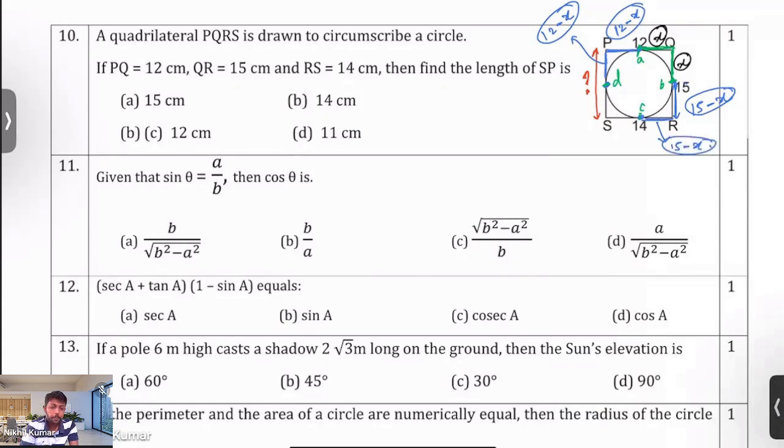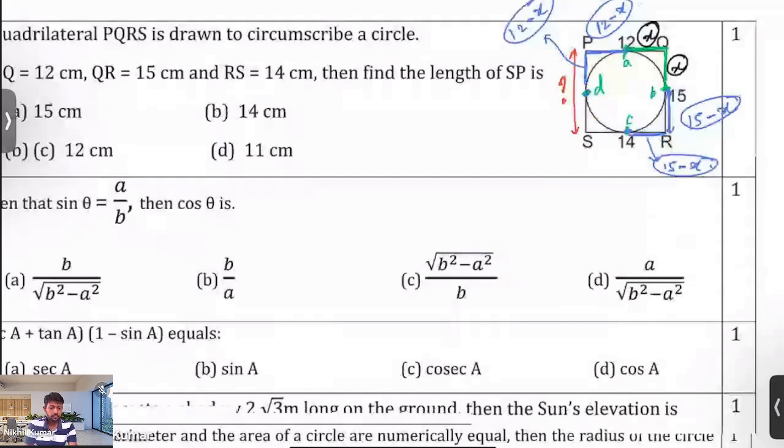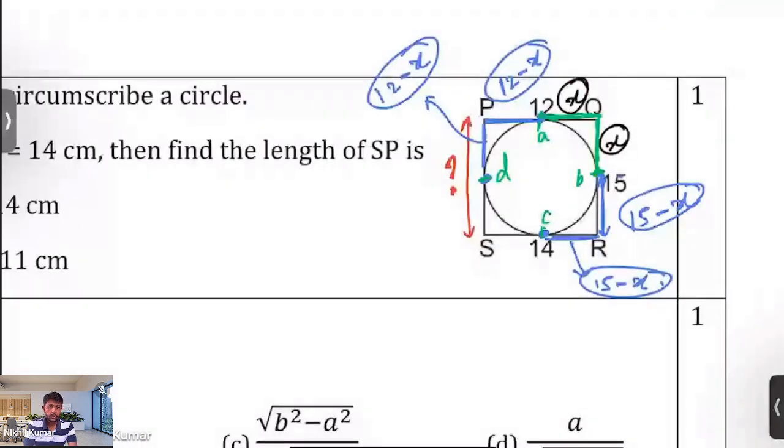Now comes the important part. I'll just enlarge it so that you all can see a little more clearly. Now, this is the critical part, so I'll use a different color. This part, CS, it's 14 minus this, isn't it?